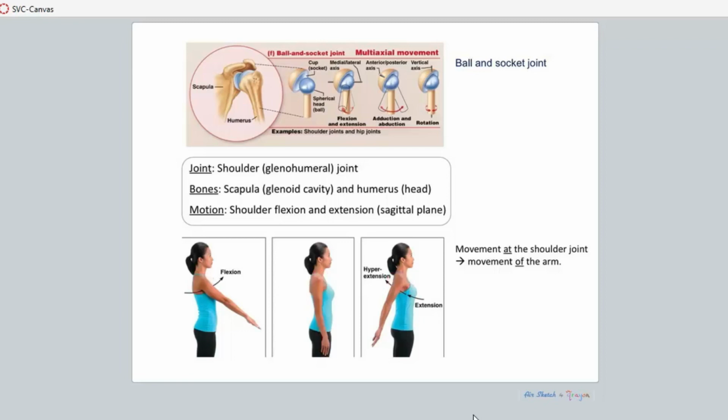This is the extended position. If you decrease the angle of the joint and bring that forward, that's called flexion. Bring it back to this position, and that's called extension. Take it back further, and that's called hyperextension.